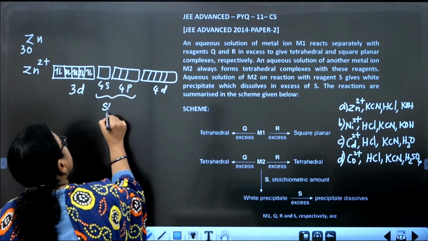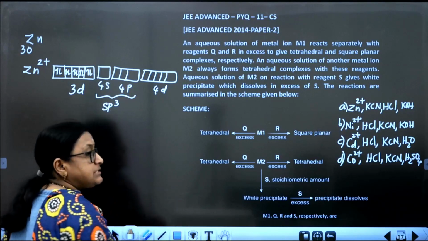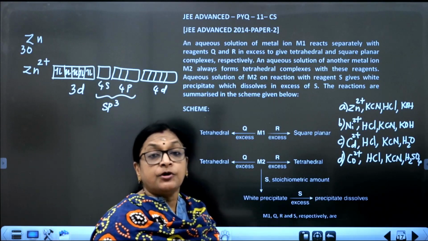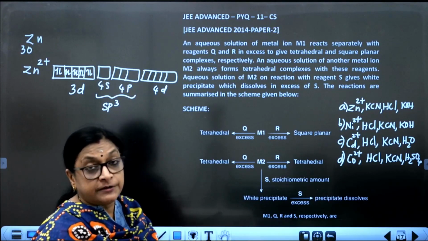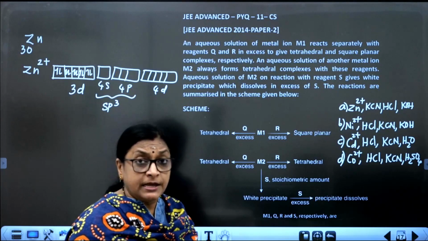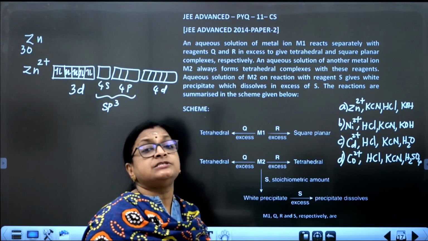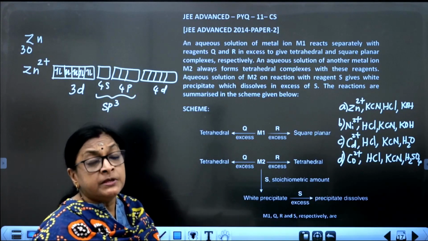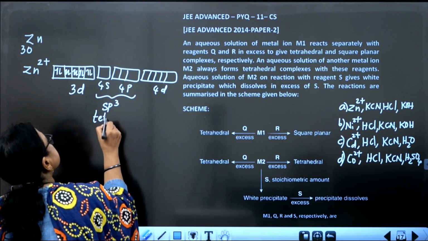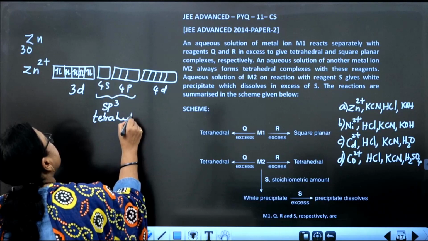It can undergo sp3 hybridization, whoever be the ligand, because it is d10 configuration. It can provide only its 4s and 4p for sp3 hybridization for tetracoordination, giving rise to only tetrahedral complexes.